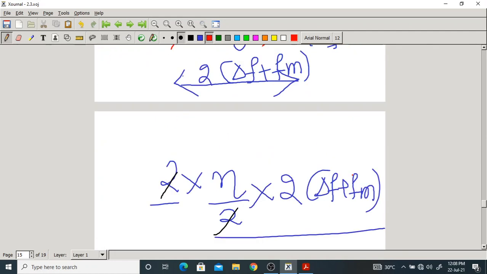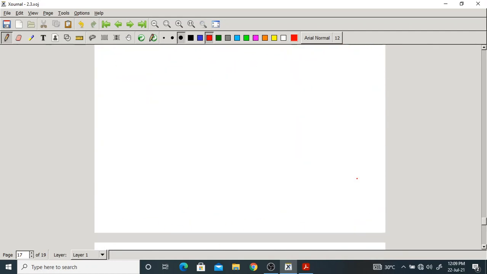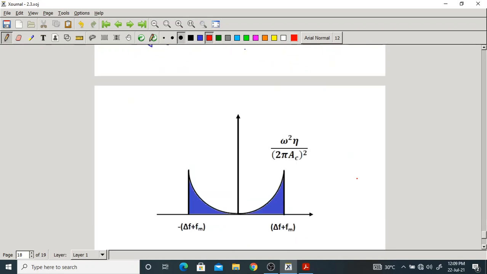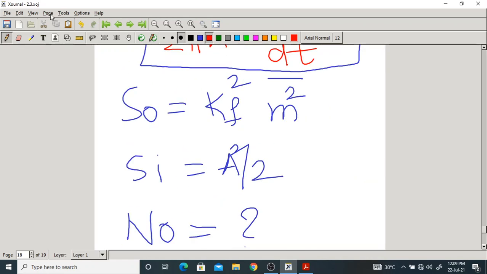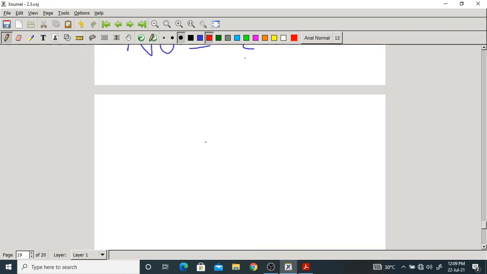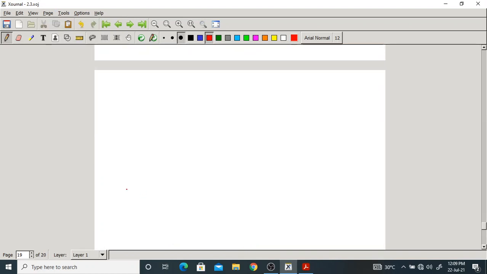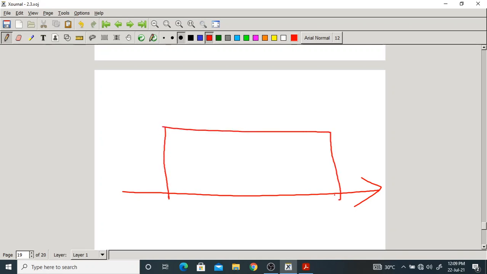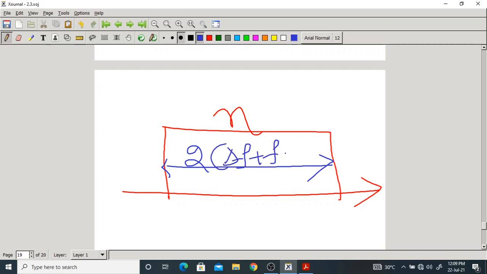Are you getting what I am saying? So let me draw it very carefully. The PSD of ns of t is something like this. This is eta, and this length is how much? 2 into delta f plus fm.